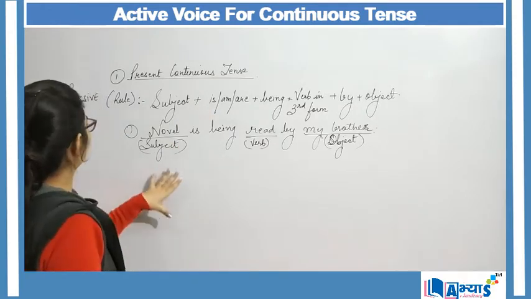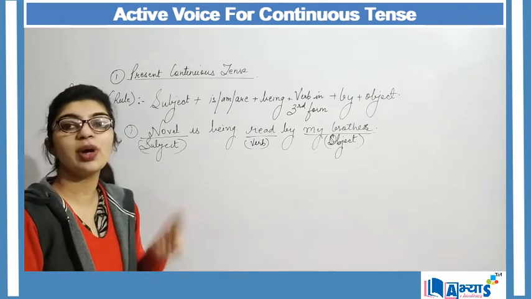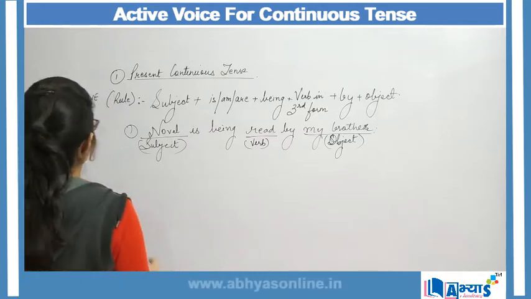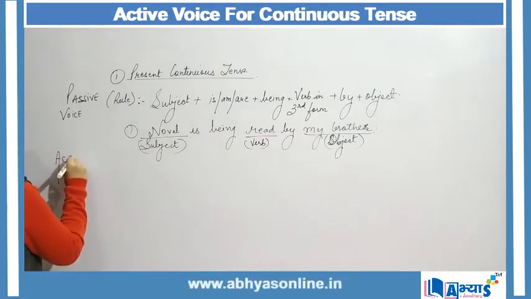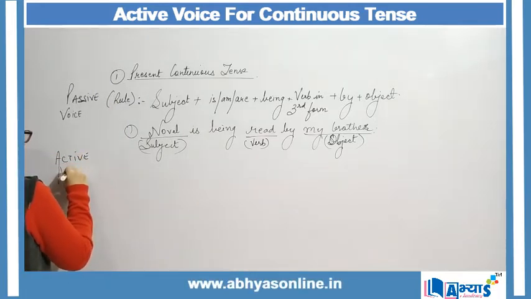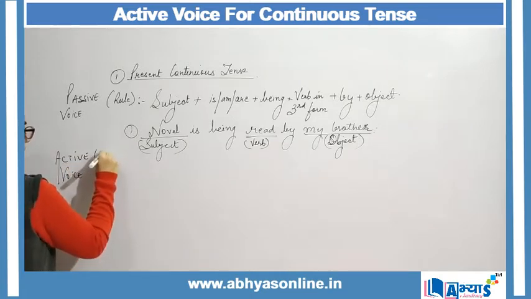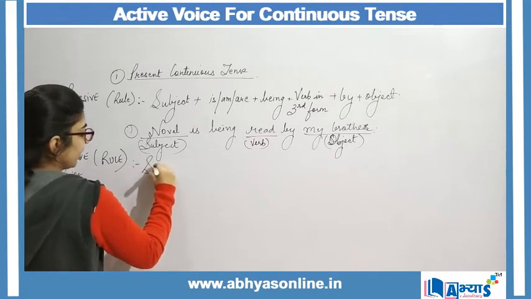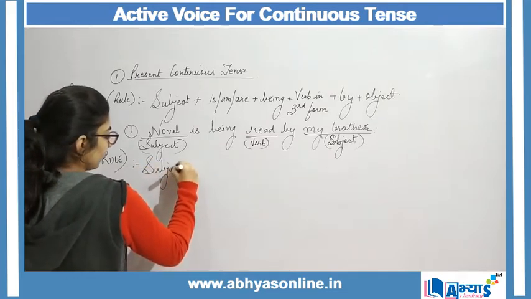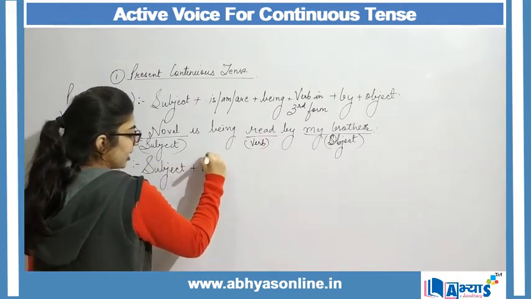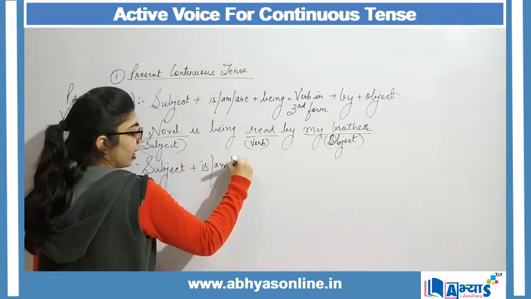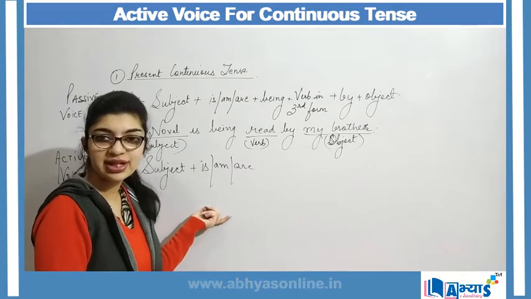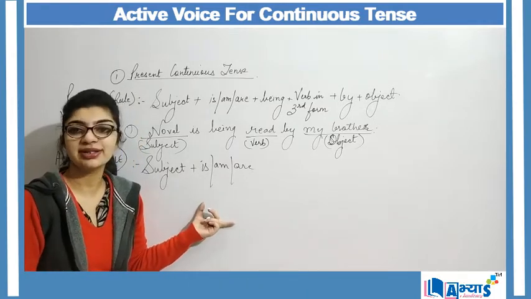Now I want to convert my passive voice into active voice with present continuous tense. So rule for active voice, the active voice rule can be subject plus is, am or are. Why? Because I am making use of present continuous tense and this represents my present tense.